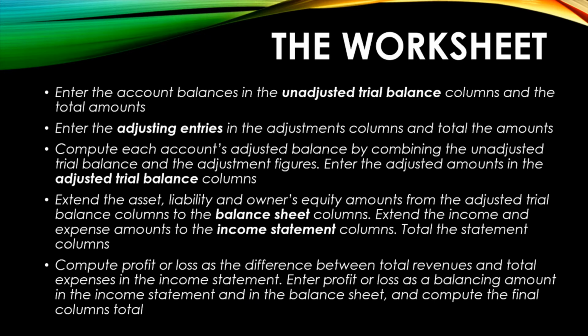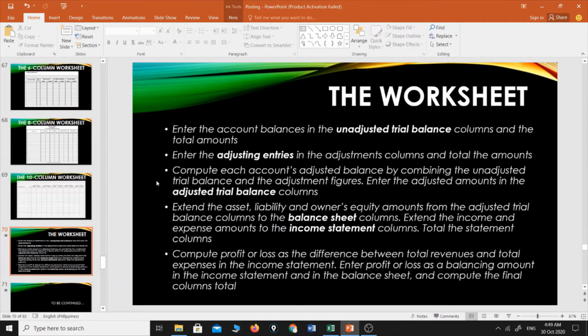And this will be the difference between the revenue and the expense accounts. So in order for you to see, I will show you the worksheet and how it should be done. I have here an Excel format of a worksheet.